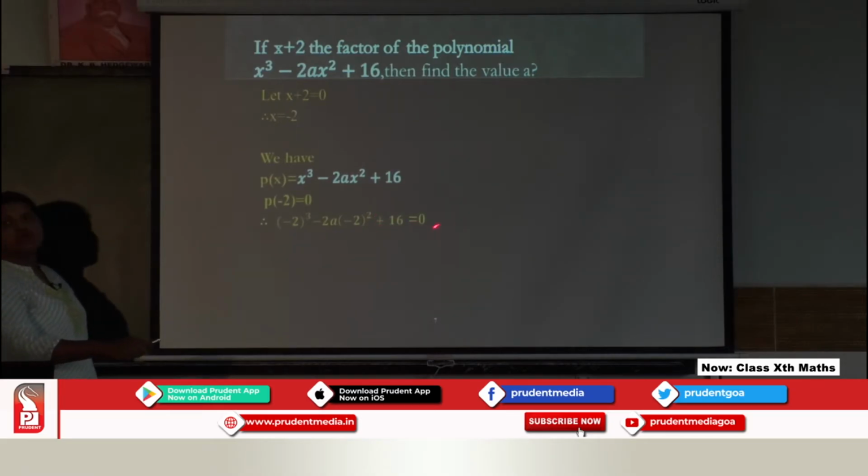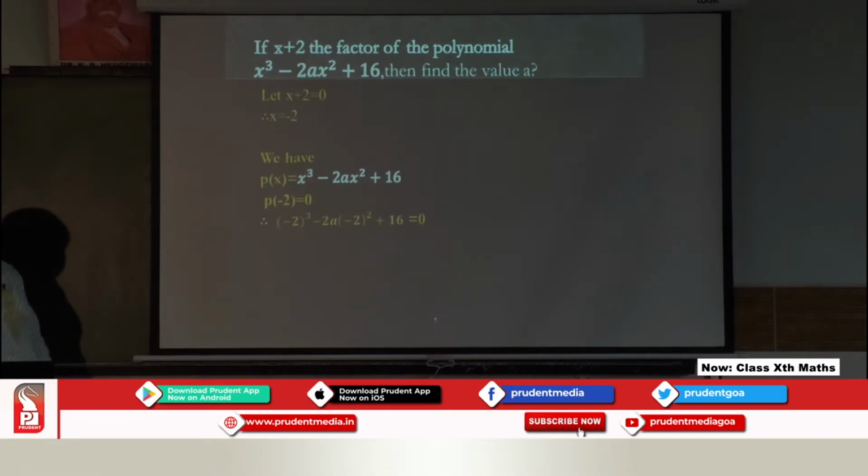This is important. It should be equal to 0 because we know that minus 2 is a factor of that polynomial. So minus 2 cube is minus 8, minus 2 square is 4, 4 into this negative 2 is minus 8 again along with this a, plus 16.